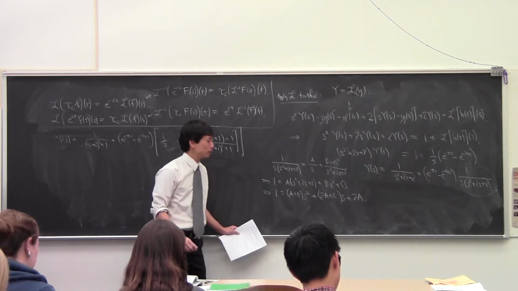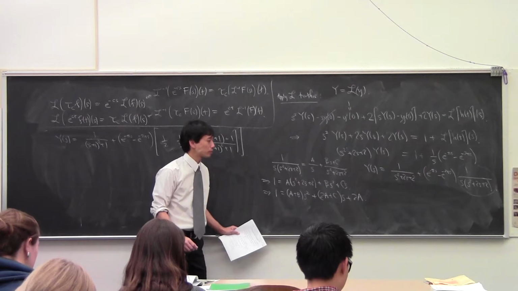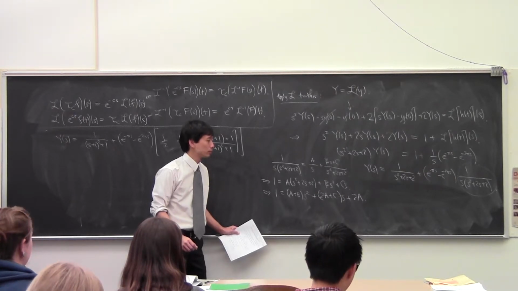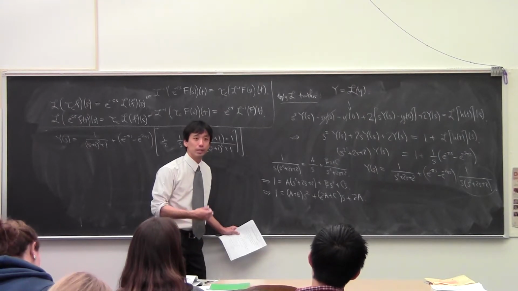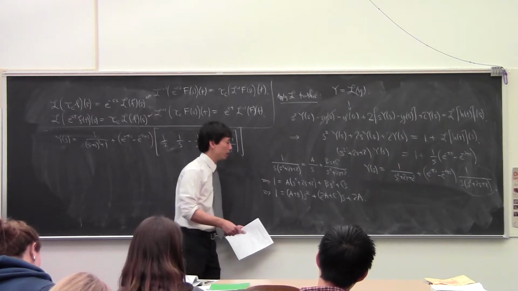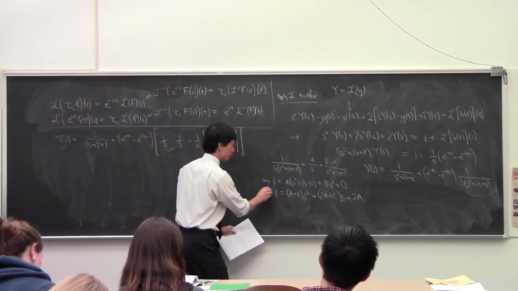You find the coefficients of each power of s. Okay. And then you use the identity theorem.